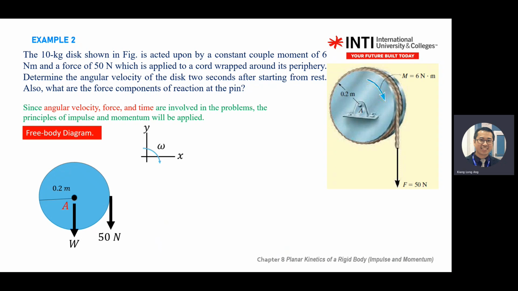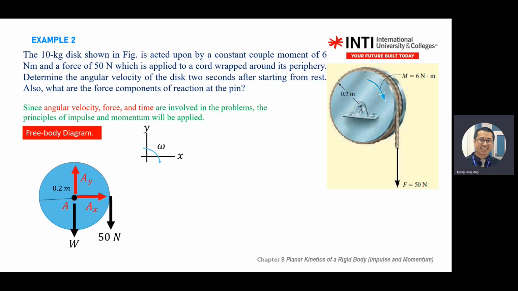You can do all the forces, but you miss out omega, and you forget the weight. So remember, include the weight.